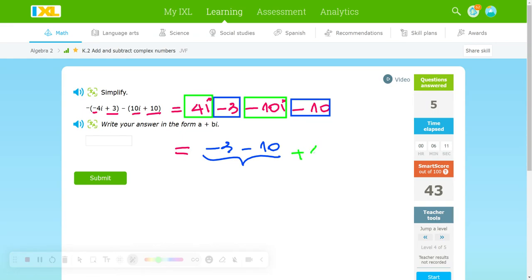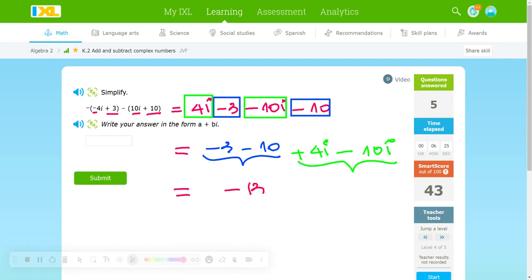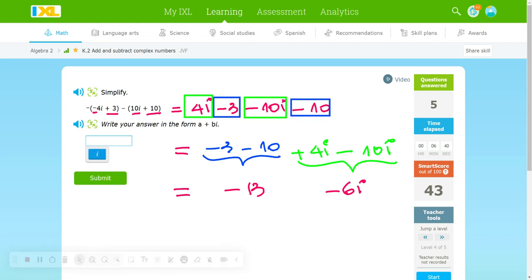Now you combine them together. Subtract 3, subtract 10, that's a subtract 13. 4i subtract 10i is subtract 6i. So the answer is subtract 13, subtract 6i.